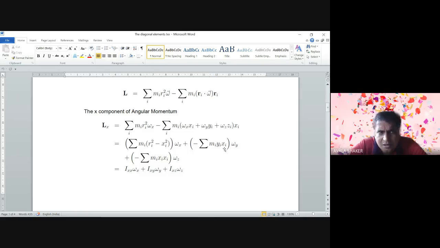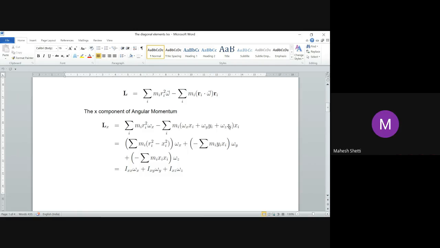In the final expression it will change. My symmetry requires that when you take Ixy, it will not have z in it.